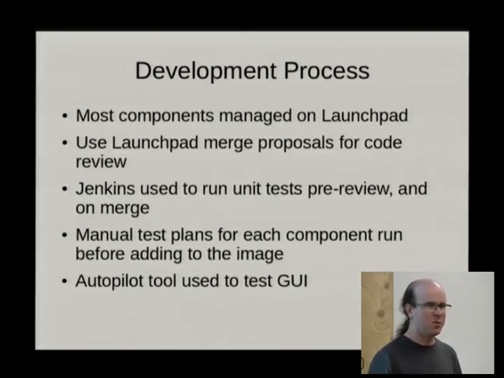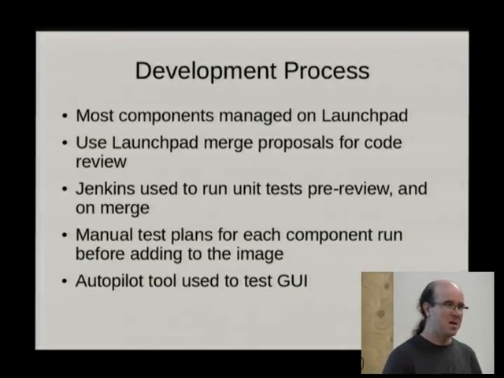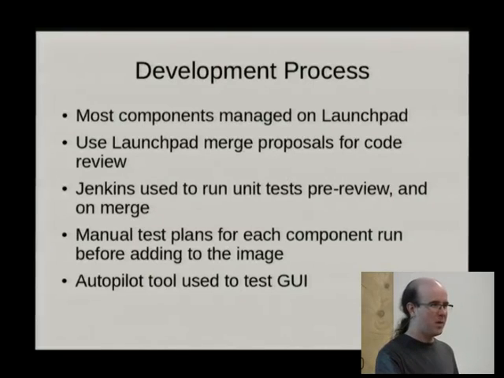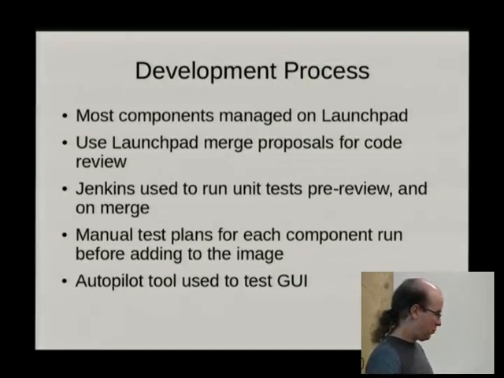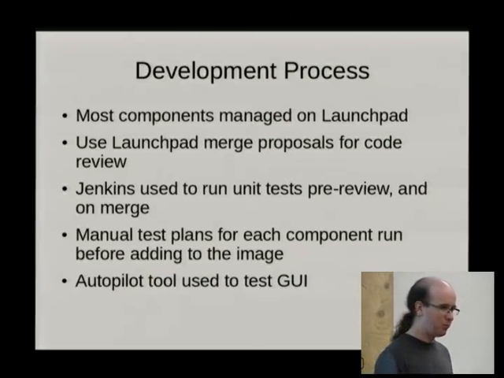But it can also be used in a fuzzing mode, where it'll be essentially issuing random button touches on the image and swipes and various other gestures, and it'll keep on running until something crashes, and then you've got a bug report. And so yeah, those are the main tools we're using in development.